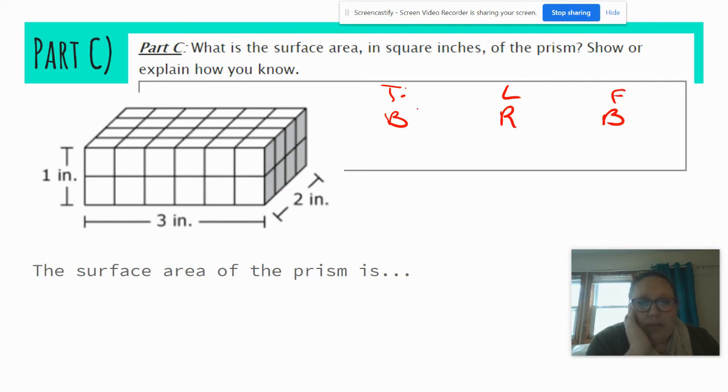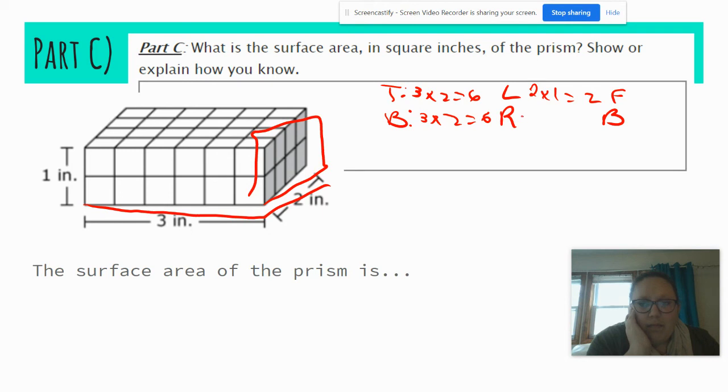So the top and bottom would each be 3 by 2, which is 6. The left and right would be 2 by 1, which is 2. And then the front and back would each be 1 by 3, as you can see there, which is 3.